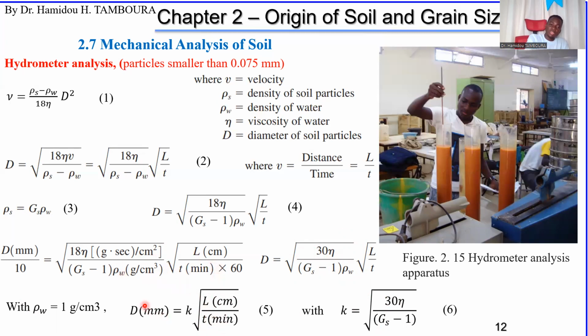So we will get our D in millimeter. What we need is to get this K, to get the L, and to get the T. So everything is now summarized here. We just need these 3 parameters to obtain the diameter of the soil particle.